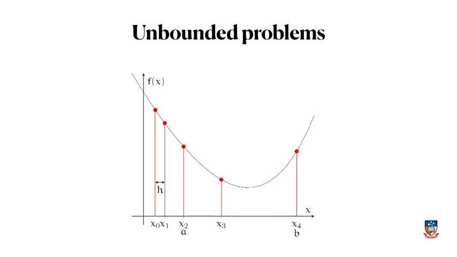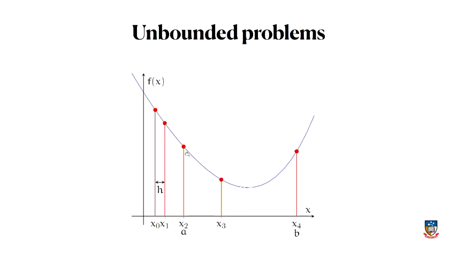If it's not heading downhill, then search in the other direction. And then keep evaluating a third point, keep going further and further out, and we do this geometrically, such that you cover over the minimizing point at some point.